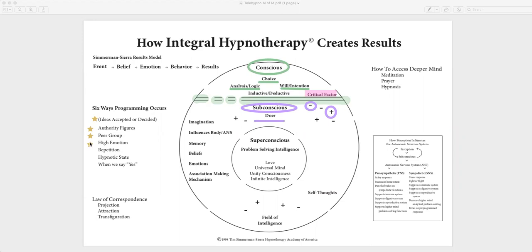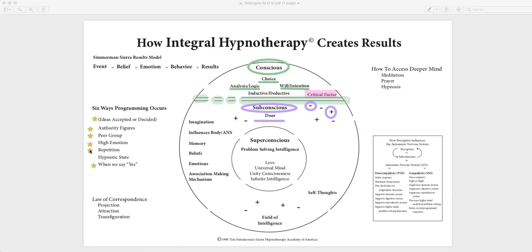Any high emotion. Have you noticed when people want to sell you something, they're all uppity, they're all excited? Well, there's a purpose to this. And when we say yes to something, when they're in high emotion, or also when we're in high emotion of stress factors, movies, come on, we're getting a programming of some sort.